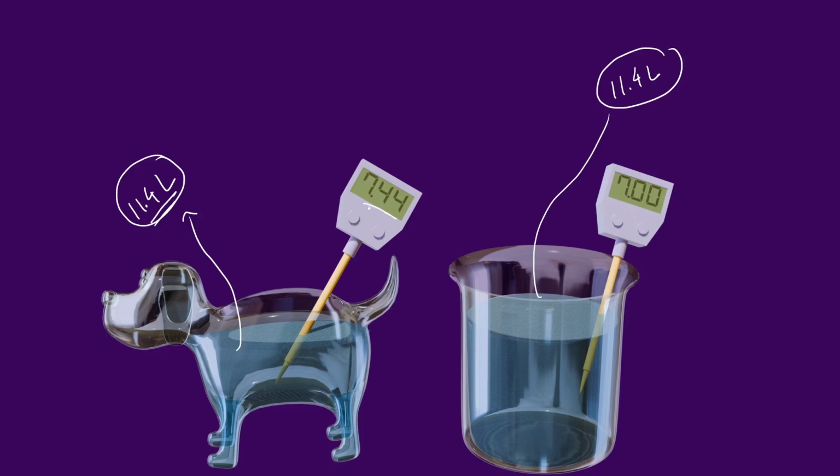So here we have pH 7.44. For the distilled water, its pH is 7. But what we do is that we add 150 milliequivalent of HCl in both of these solutions, in the blood of the dog as well as in the distilled water. What will happen?